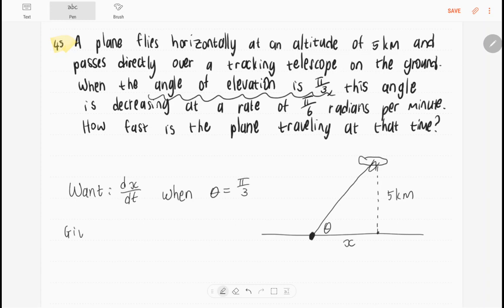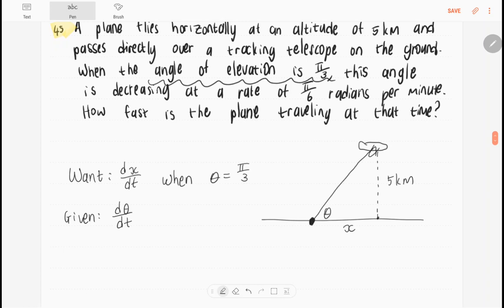We are given that d theta/dt equals minus pi over 6 radians per minute when theta equals pi over 3, because they tell us that this angle is decreasing at a rate of pi over 6 radians per minute when theta equals pi over 3.